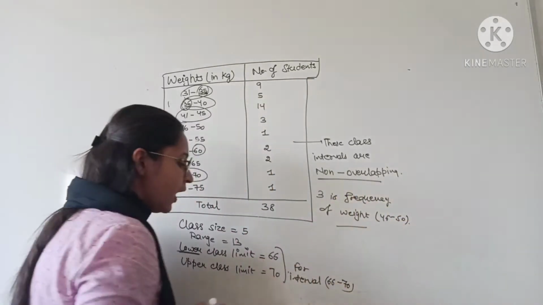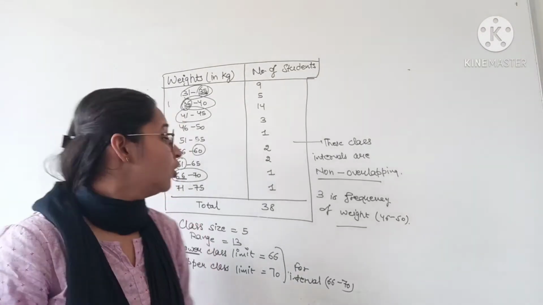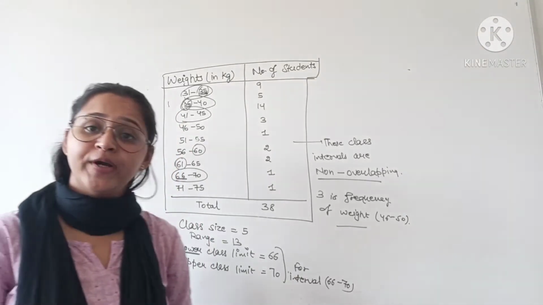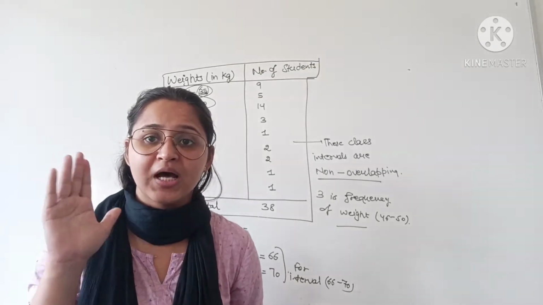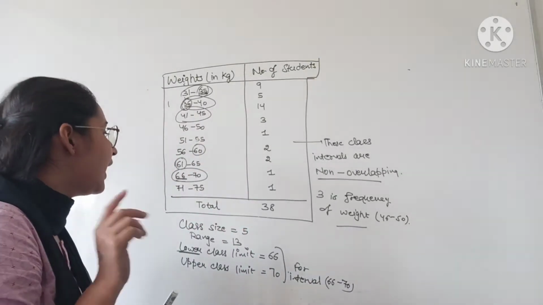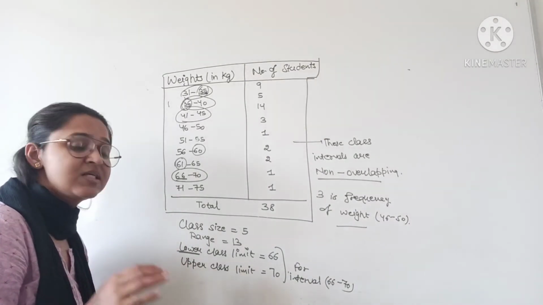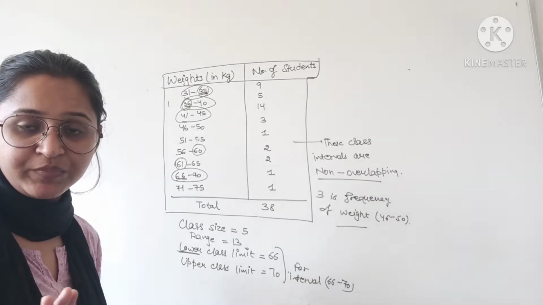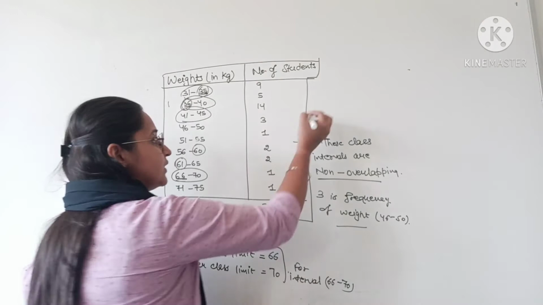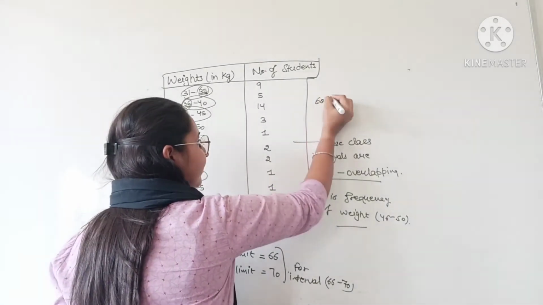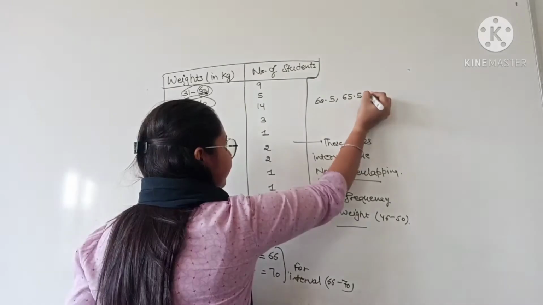Okay. Now I am giving you one student who has weight exactly 60.5 kg, and one more student who has weight 65.5 kg.